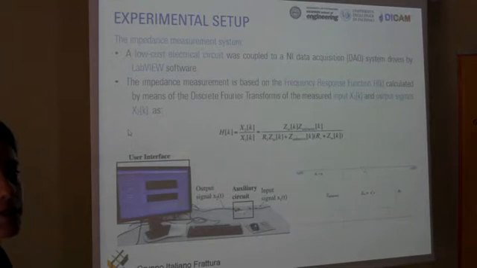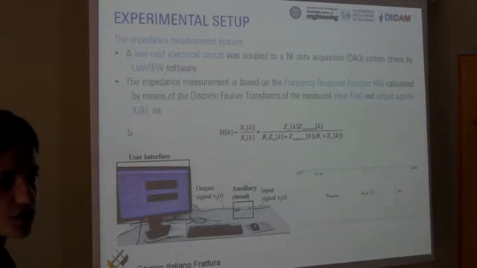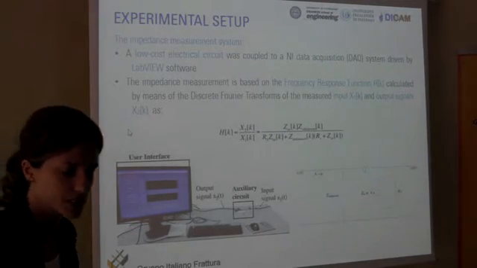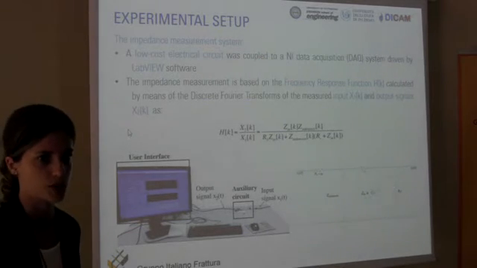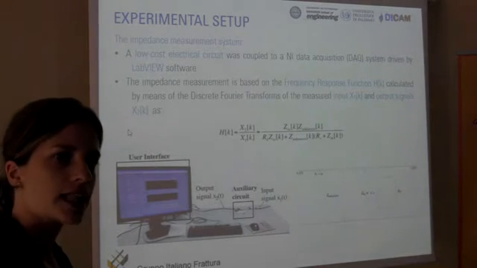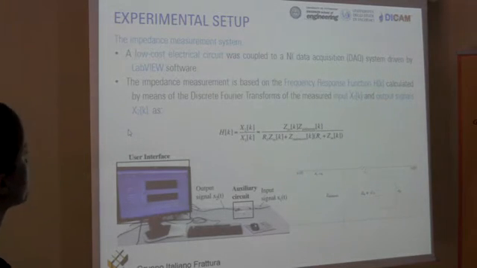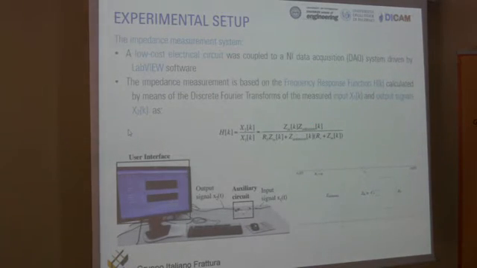And basically the measurement of the impedance was based on the frequency response function that was calculated by means of the discrete Fourier transform of the input signal and the output signal. We developed this expression by considering that the input signal was a chirp signal, and then we expressed the output signal as a function of the input one, and we obtained an expression where the only unknown was the impedance of the transducer, and the frequency response function was the measured one.